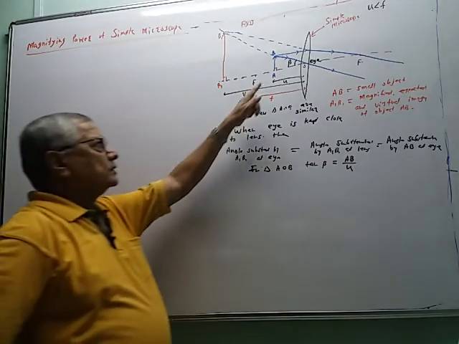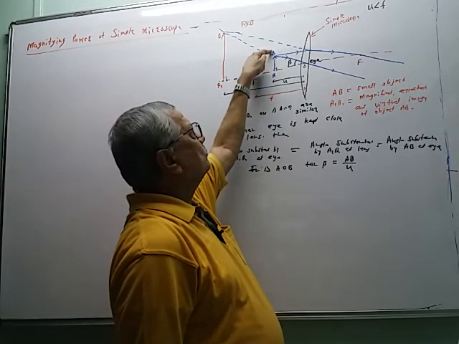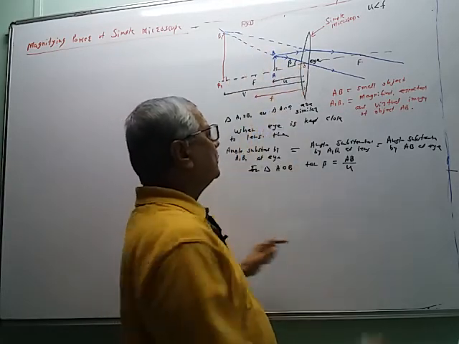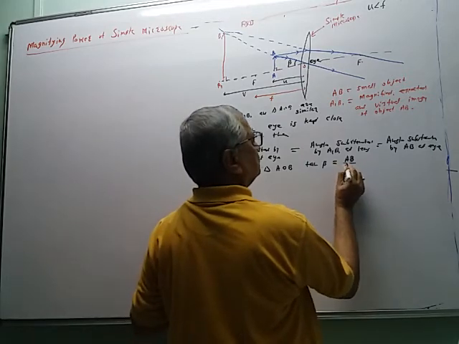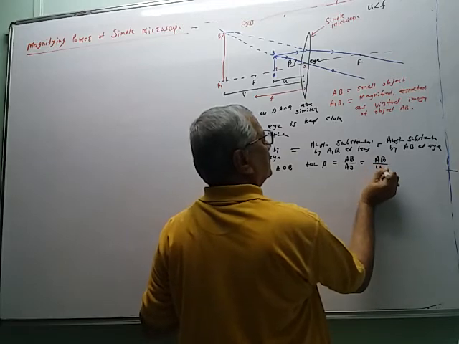So this is the relation in this triangle AOB: tan of beta is equal to perpendicular upon base, so AO is equal to the object distance.